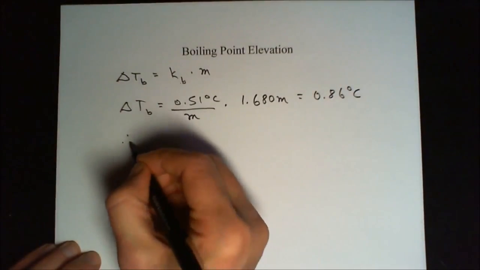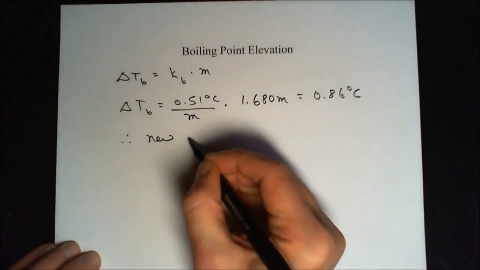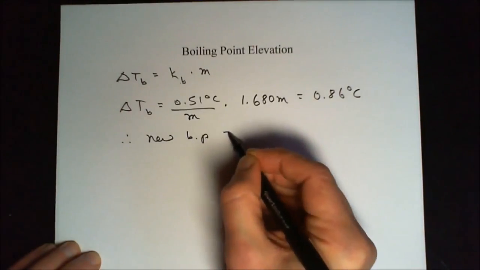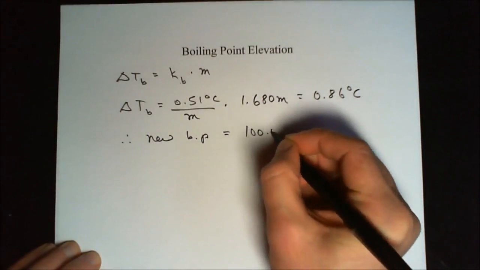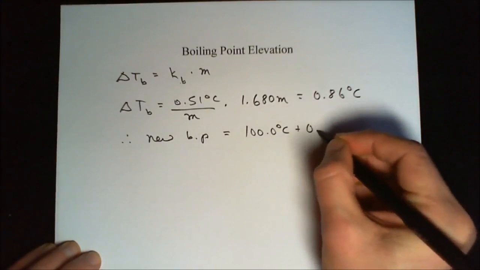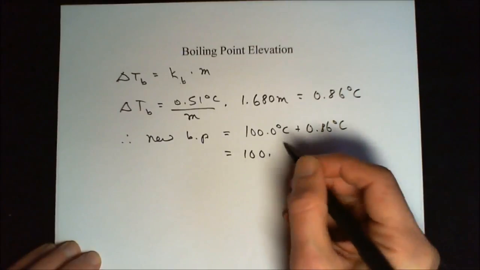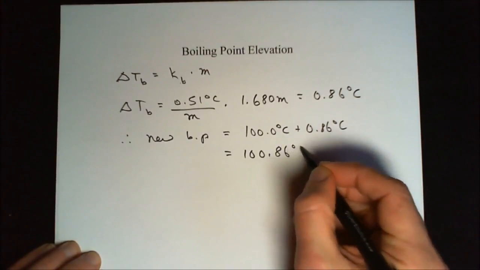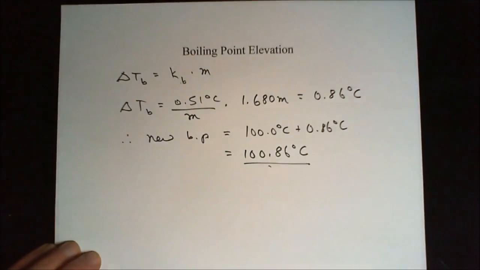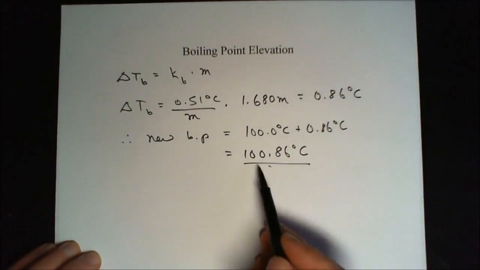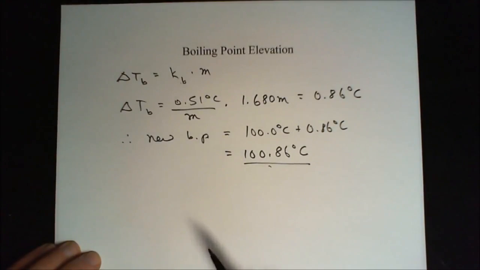And so therefore our new boiling point is 100.0 degrees Celsius plus 0.86 degrees Celsius, which is 100.86 degrees Celsius. And there's our boiling point elevation, and there's our new boiling point of our water with sucrose mixed in.